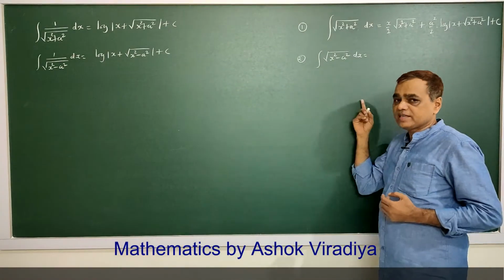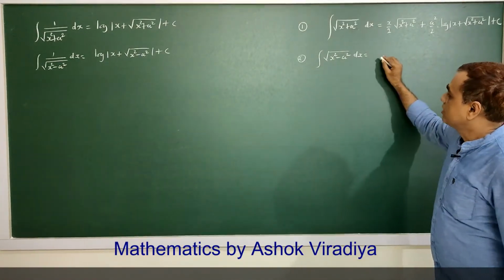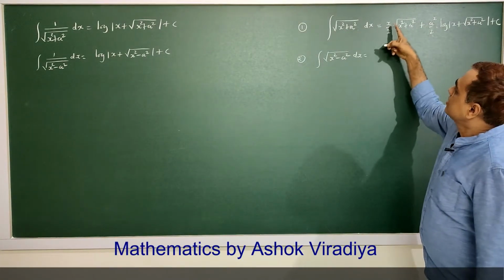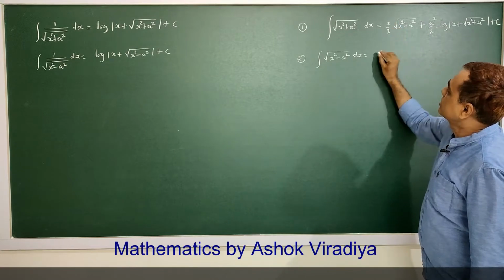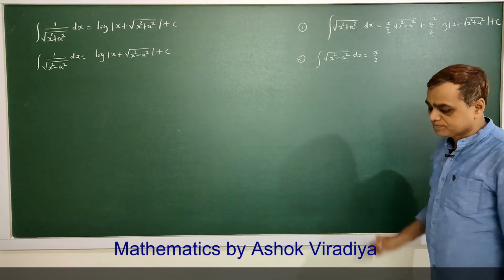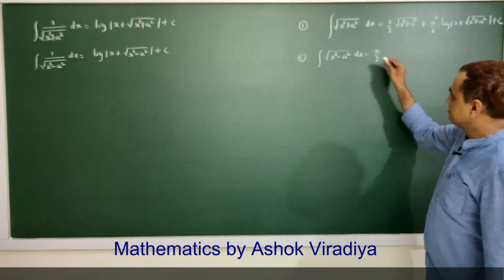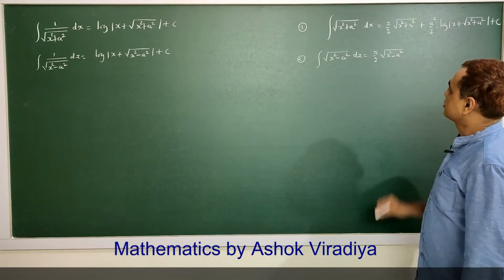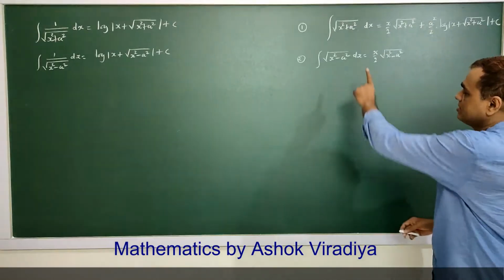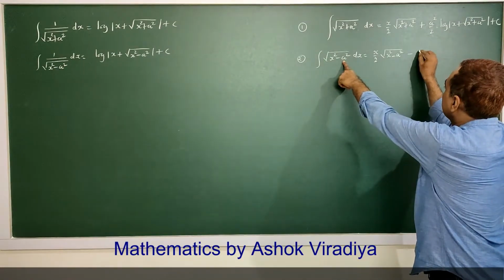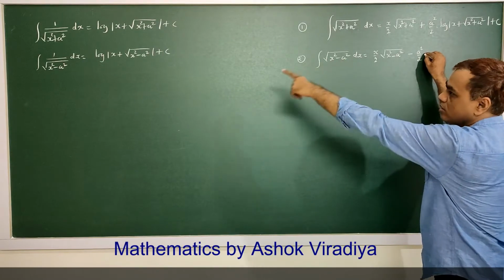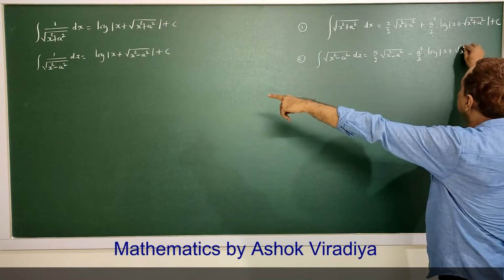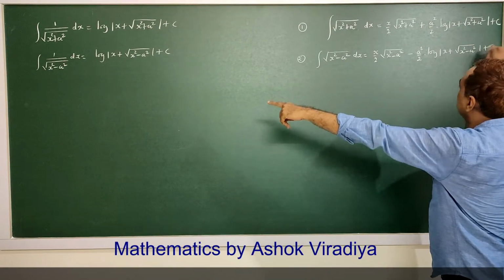Here, starting was x by 2, similarly here starting is x by 2. Then keep the term root x square minus a square as it is. Then minus a square by 2 log mod x plus root x square minus a square plus c.